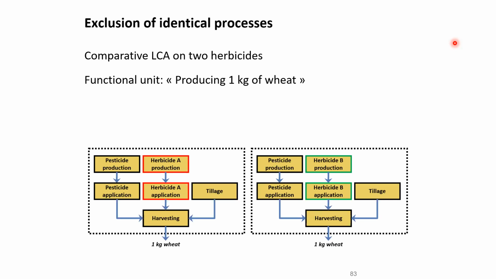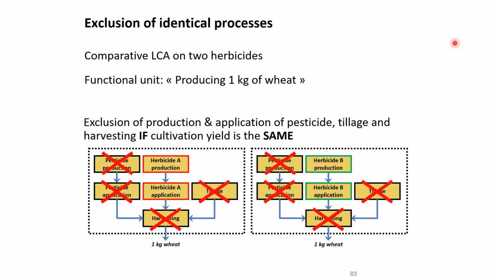For example, here you have a pesticide and herbicide A versus herbicide B. They are being applied for tillage and harvest for 1 kg of wheat. Now the functional unit is producing 1 kg of wheat. If you want to replace herbicide A with herbicide B, and herbicide B has a different impact in terms of the yield, then you need to take into consideration the other aspects.